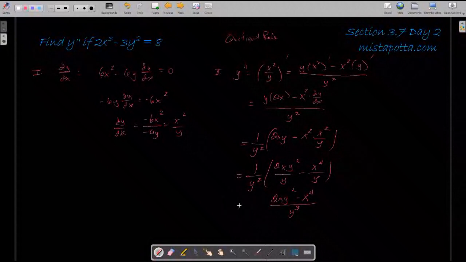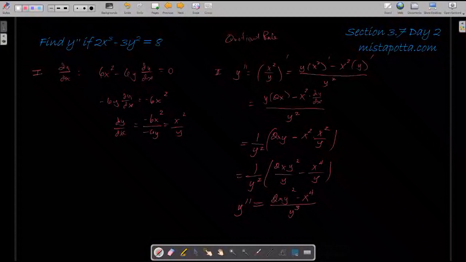And so this is what my second derivative is equal to. 2 times x times y squared minus x to the 4th, all divided by y cubed.